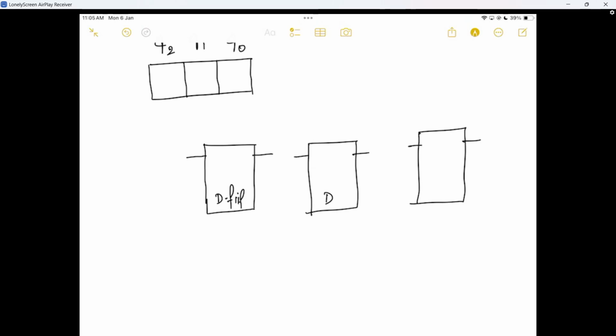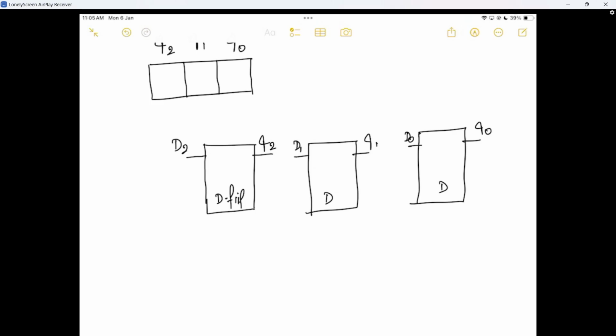Everything is a D flip flop. So this is the output, sorry, this is not Q not, this is D not. Let's assume this is D not. This is Q1, this is D1, this is Q2, and this is D2.